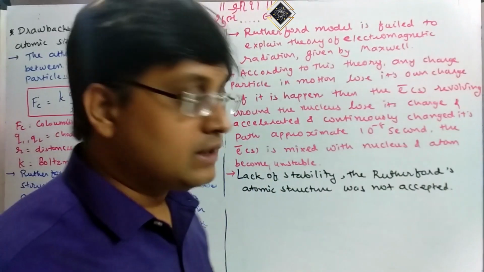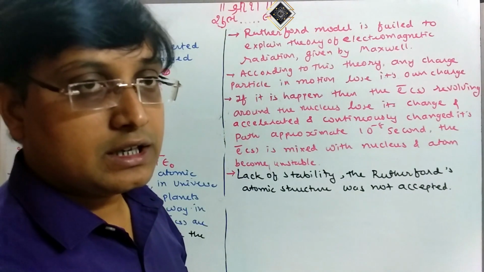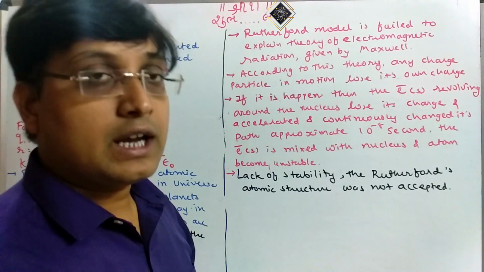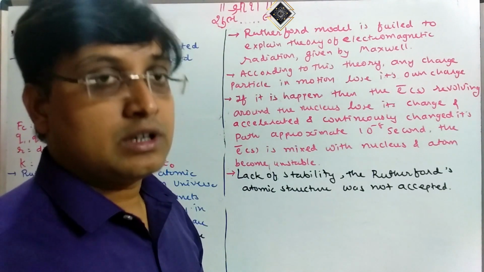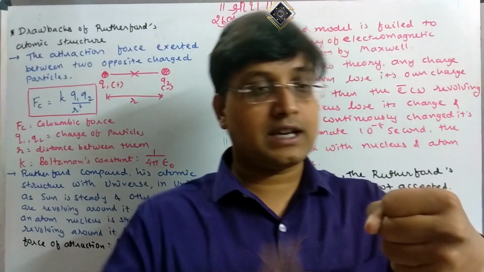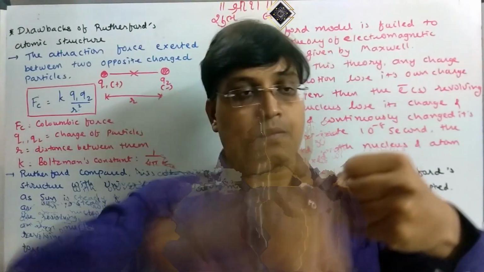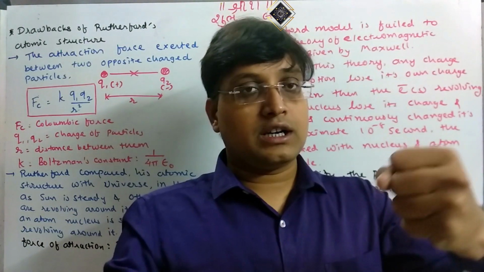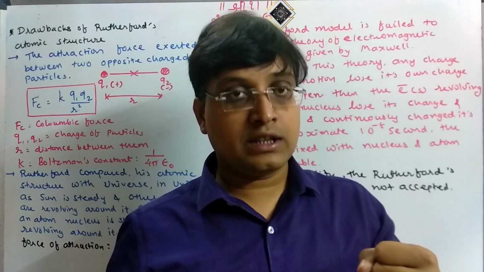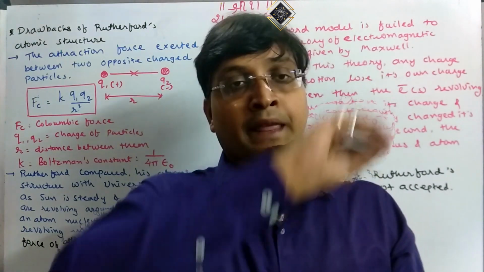If we apply it, then Rutherford failed to explain the theory of electromagnetic radiation given by Maxwell. According to this theory, any particle in motion loses its charge. Suppose this one is the nucleus and the electron rotates around the nucleus in this way, then this electron is continuously losing its charge. Maxwell practically proved these things, so we have to accept.